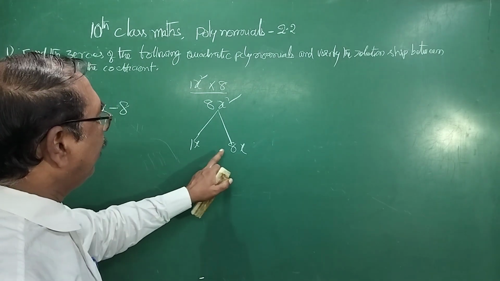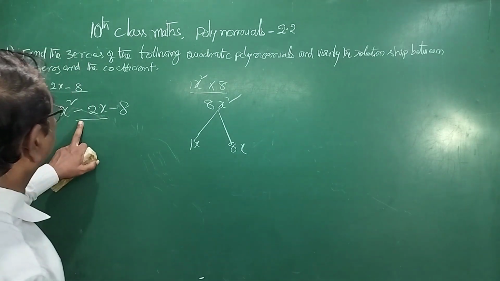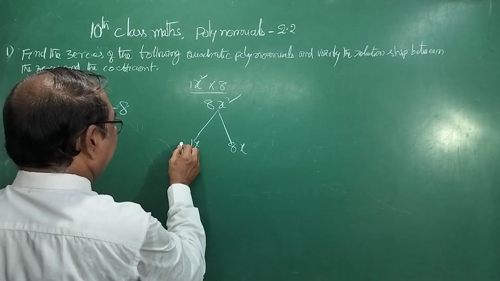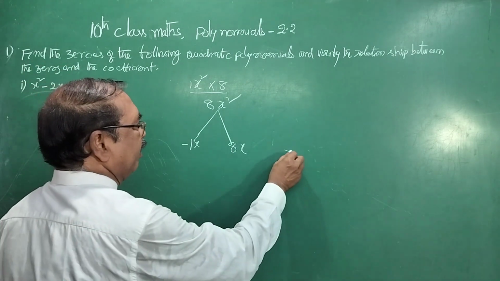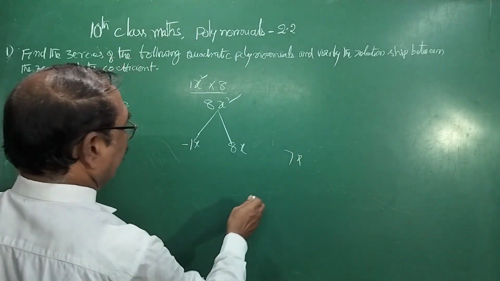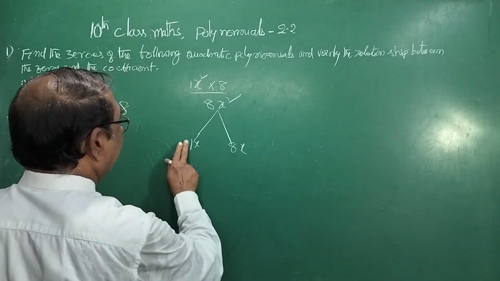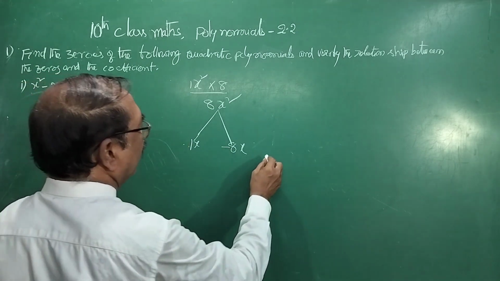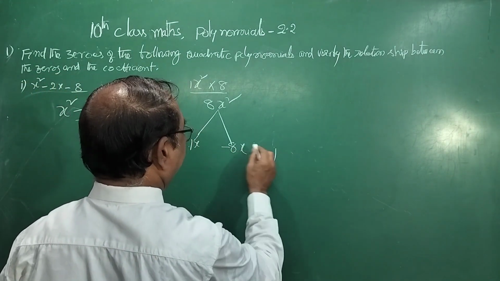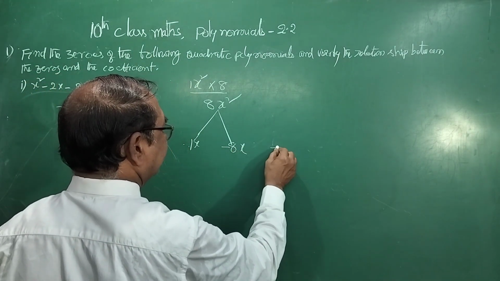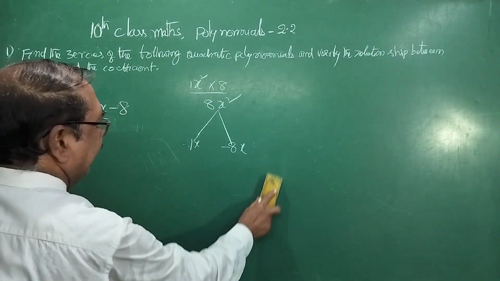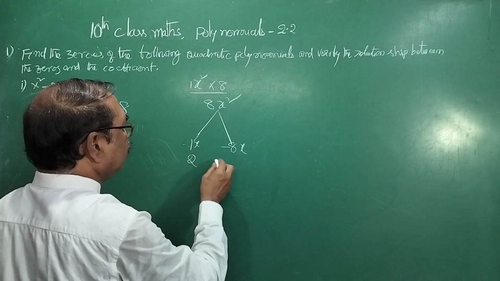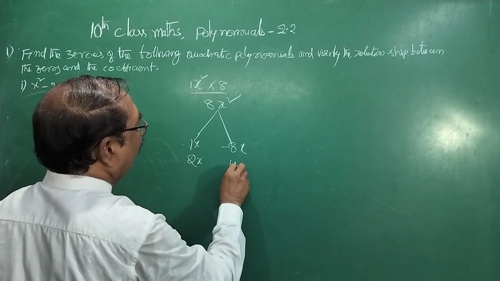Let us add 1 plus 8, 9, but minus 2 is there. Let us make it minus 1 plus 8, 7x. No, minus 2x is required. Minus 8 and 1, that gives only minus 7x when we add. It is not possible.